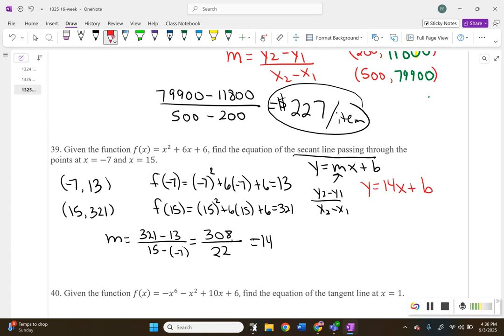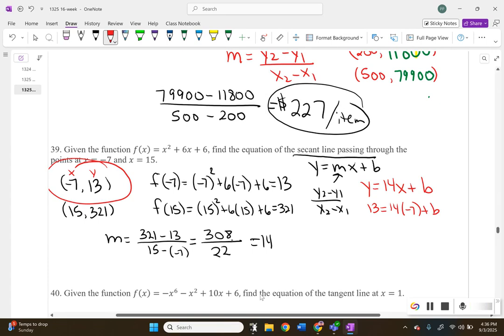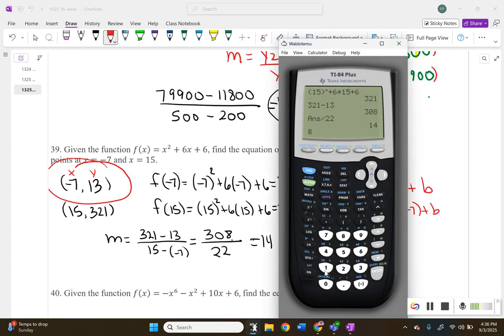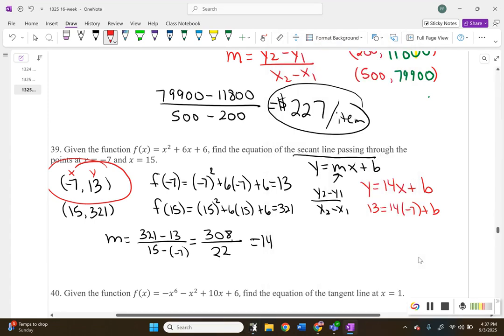So to find my b value, I pick either one of these points. I'm going to pick this point, and I'm going to put it in for my x and my y. So I have 13 equals 14 times negative 7 plus b. I'm going to multiply 14 times negative 7, and I get negative 98.